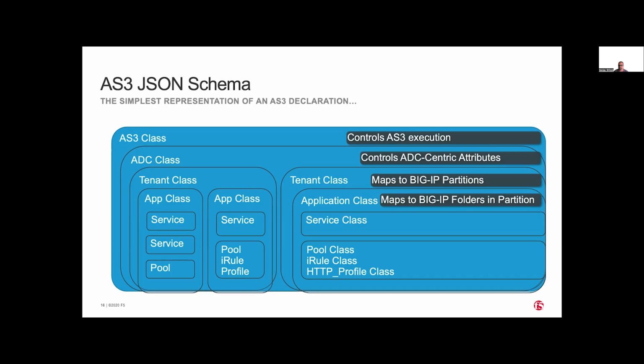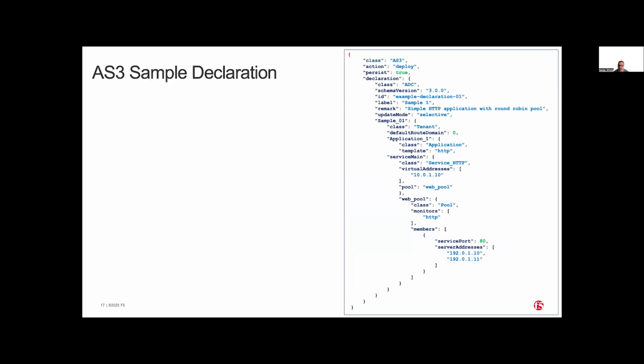And then finally, you have the application class under these individual partitions, which can have virtual servers, which is nothing but the service class. So what type of virtual server do you need? You need HTTP or HTTPS, UDP, and so on. And then under these virtual servers, obviously we need pools and the rest of the stuff, like your iRule, your HTTP profile class, and so on.